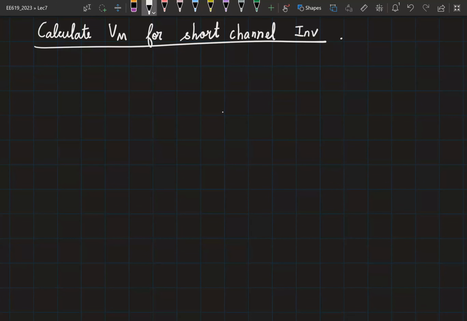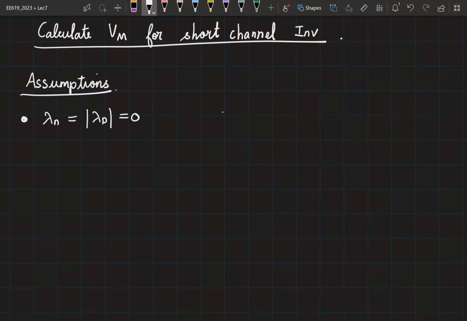So let's start with the assumptions we are going to make. First, to keep the calculations a little simpler, we are going to assume that the channel length modulation is 0. It is possible to do the calculation with a finite value of lambda n and lambda p.